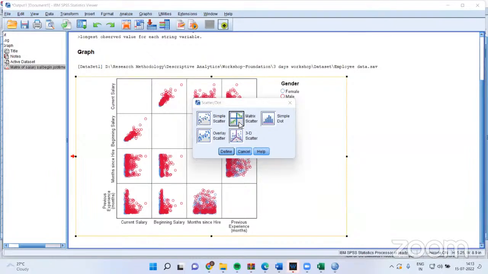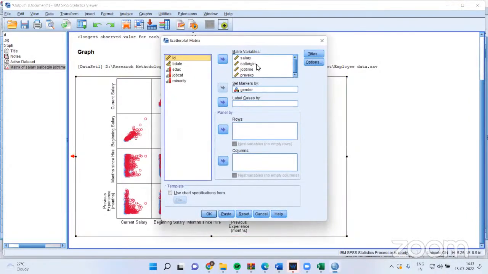In matrix, you have to put all the variables: salary, salary begin, job time, previous experience. And set markers. If you don't want to include gender, don't include gender, and the analysis will still run.